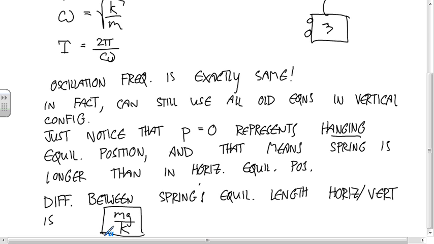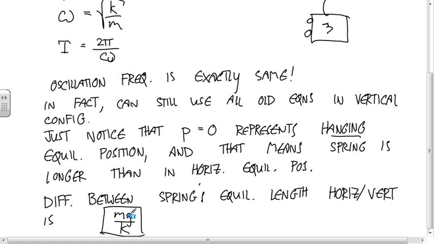Okay, so let's think about the relationship between this formula and those variables and make sure this makes sense. So if the mass is bigger, would you expect the hanging length of the spring to be longer or shorter? Longer, right? That extra mass is going to pull it down farther.